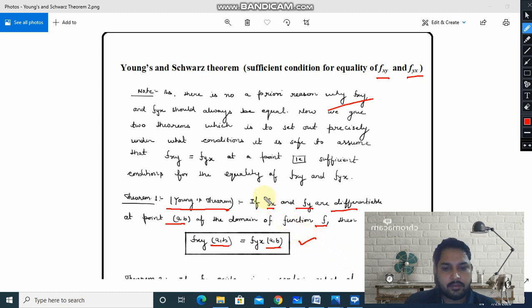So that means differentiability of the first order partial derivatives is a sufficient condition for the equality of fxy and fyx.